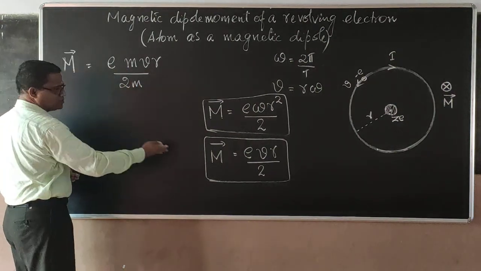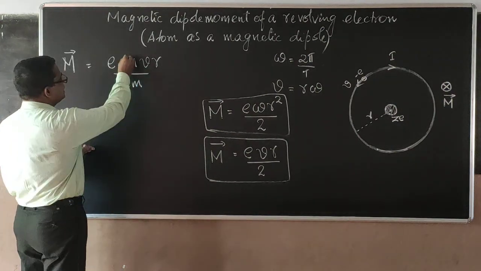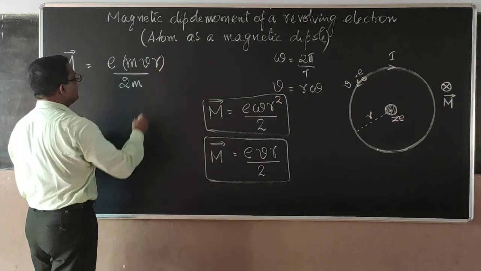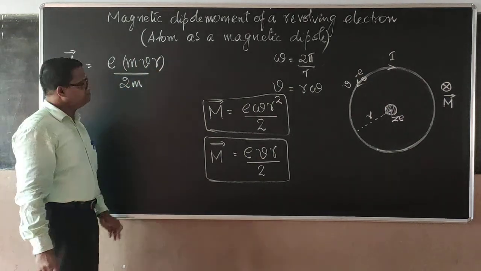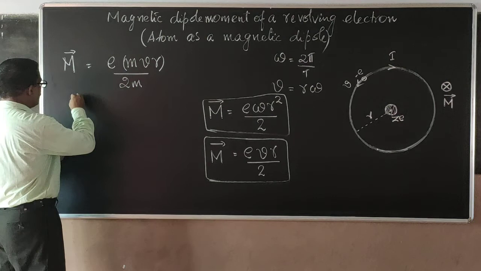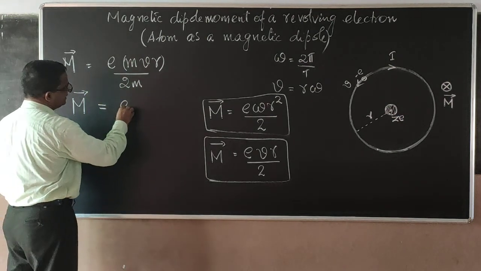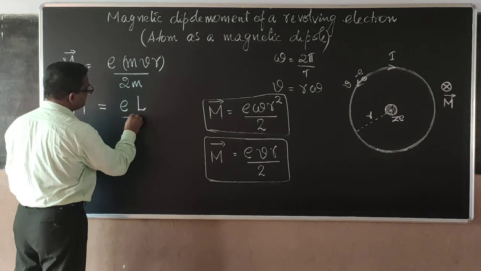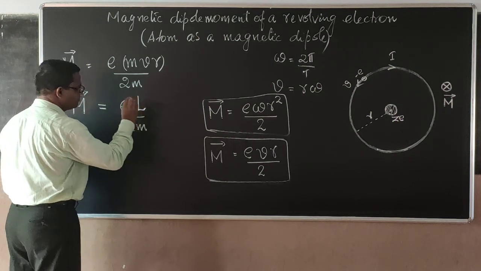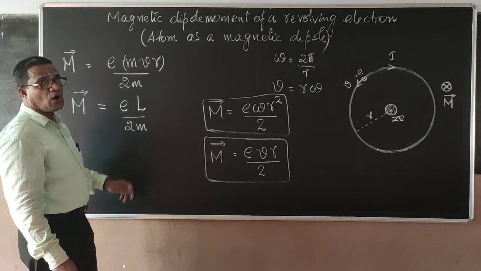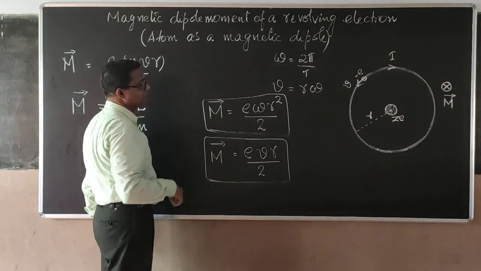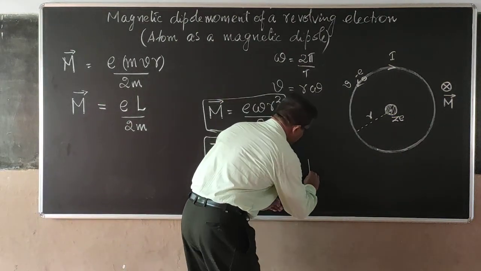Then m and m cancel, you get the same thing only. But now you can see this m into v into r is nothing but a new quantity we introduced here. You already studied that it is L divided by 2m, where L is called angular momentum of the revolving electron.